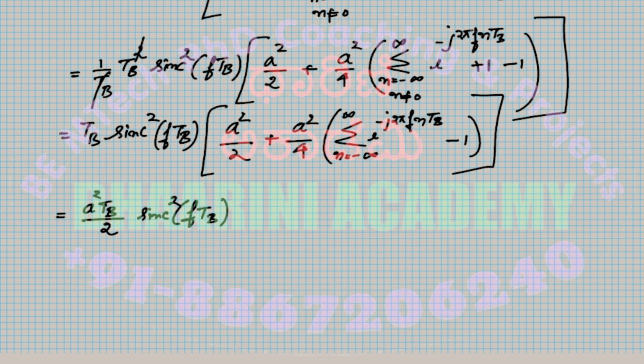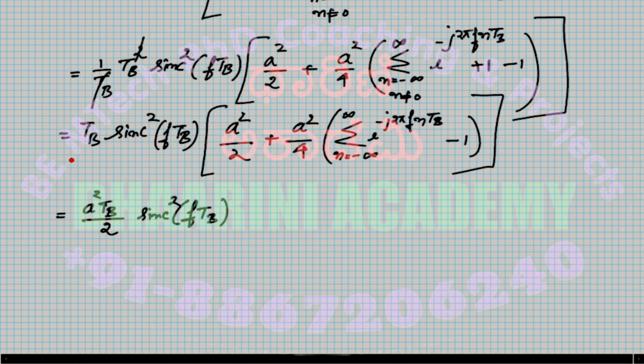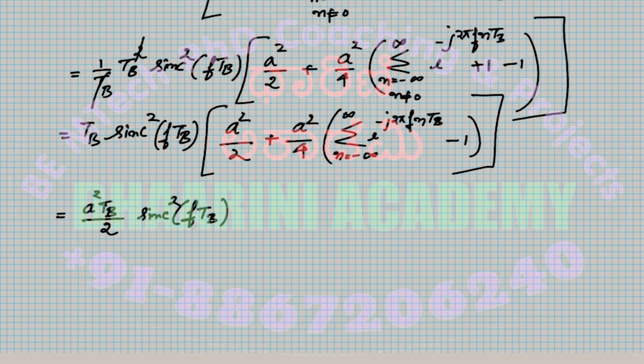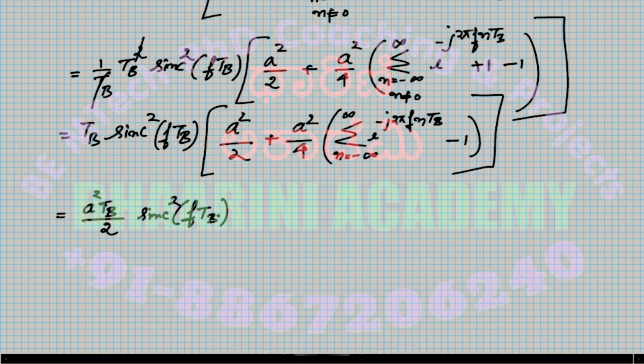Okay, now, so let us try to multiply and write this. So first term is fine for you. Let's write the second term. When you write the second term, I have a square, plus a square into TB whole divided by 4.